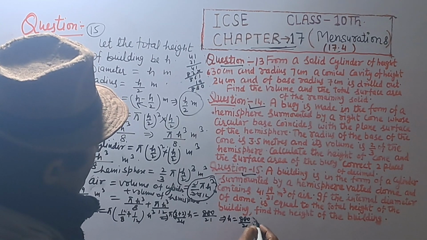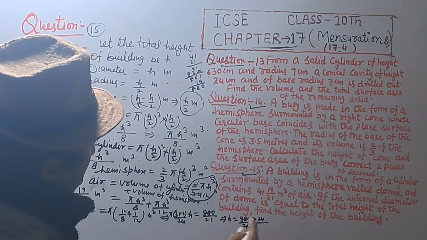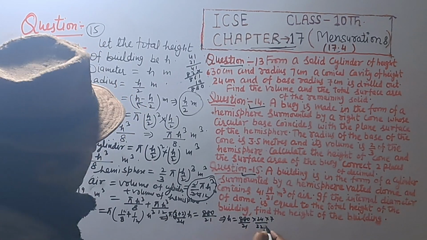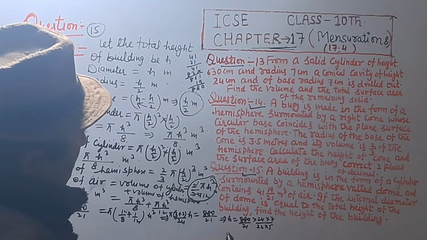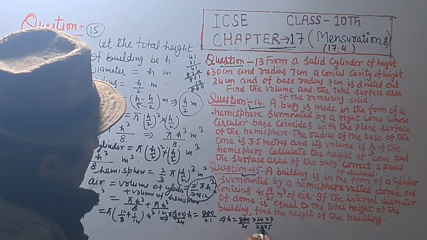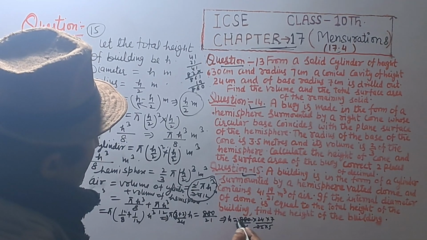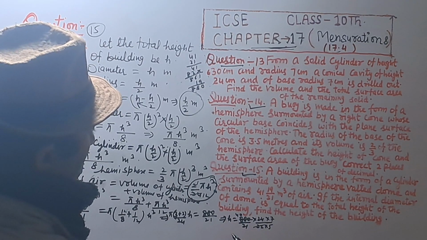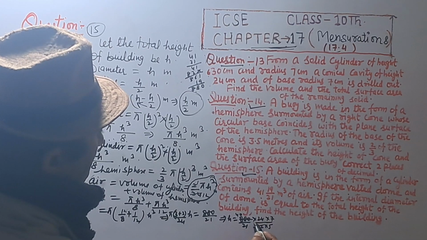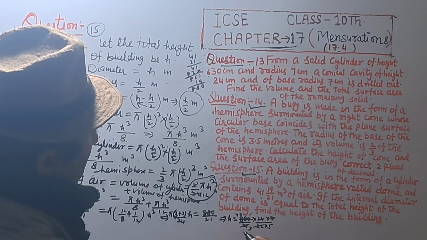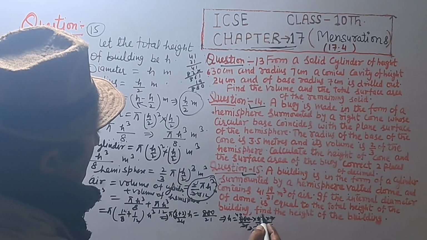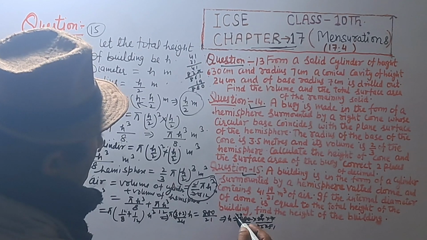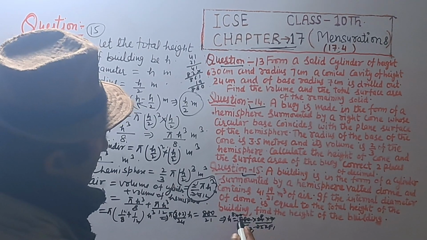880 upon 21 multiplied by 24 divided by pi, which is 22 upon 7, multiplied by 7 divided by 5, and this is cancelled. 7 ones are 7, 7 3s are 21, 3 ones are 3, 3 8s are 24, 5 ones are 5, 5 8s are 40.